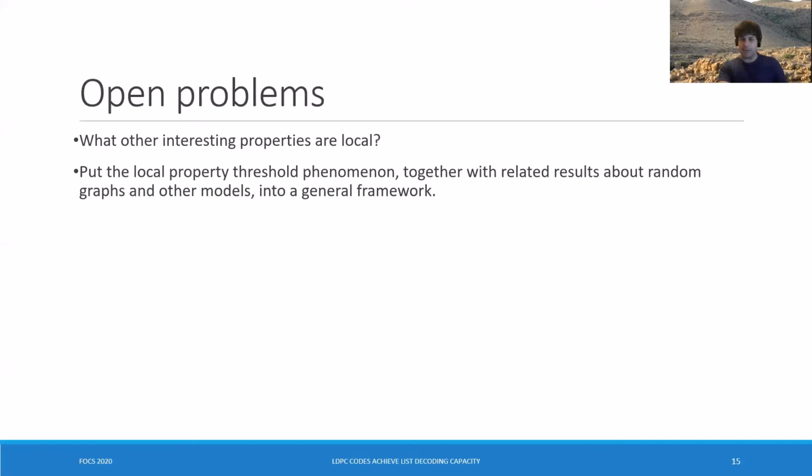We would like to put all of these results together within a more general framework. In particular, I hope that since the graph analogy is so rich and so well studied, by understanding the analogy better we can also reach more interesting discoveries about codes.